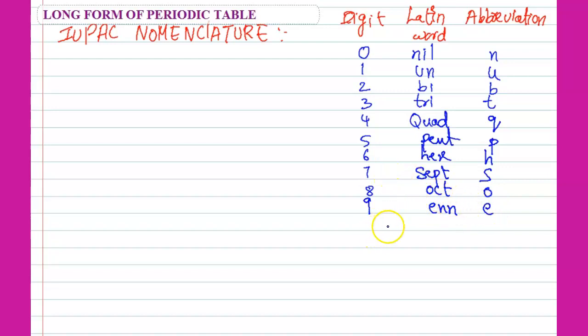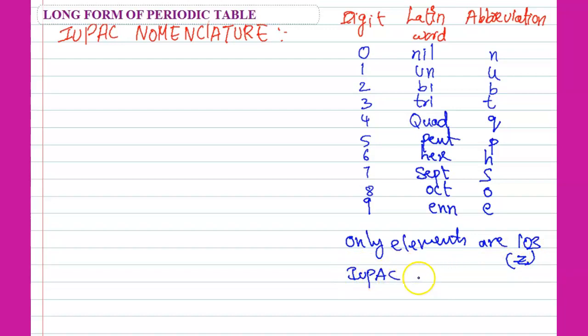Based on this, we can give the IUPAC name. Only for elements after atomic number 103, IUPAC names are given.